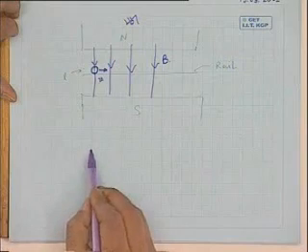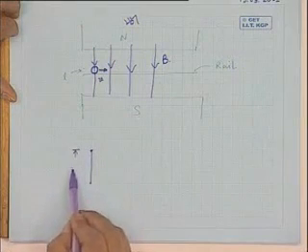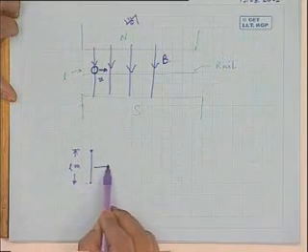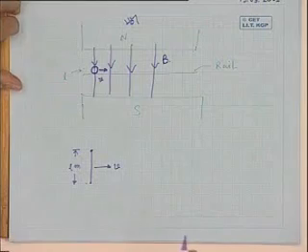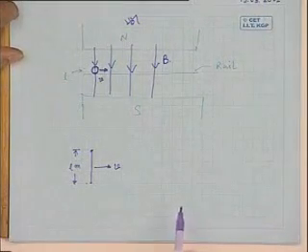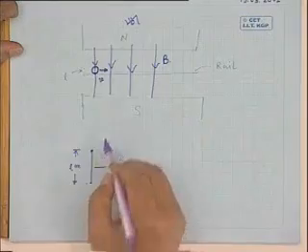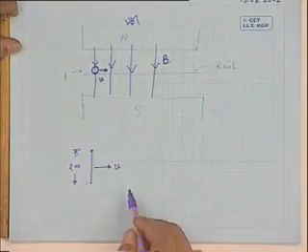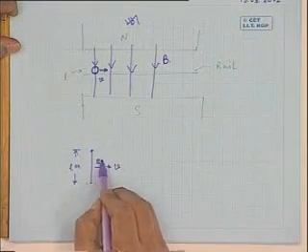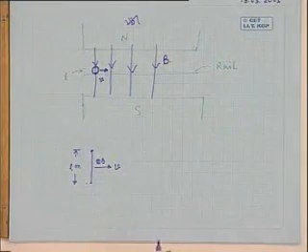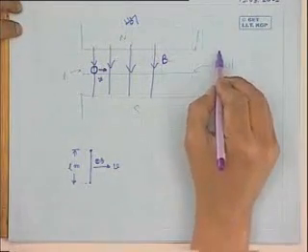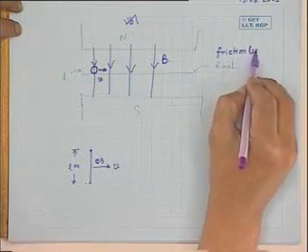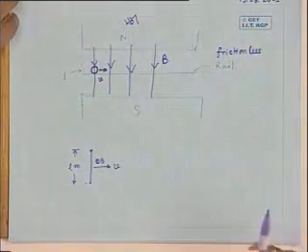The conductor is like this and its length is L meter, and it is moving in this direction with a velocity V. And what will be the direction of B in this plan view, looking from above? Will it be cross or dot? Cross, right? So this will be cross, the B direction. Let us assume this rail is a frictionless rail.